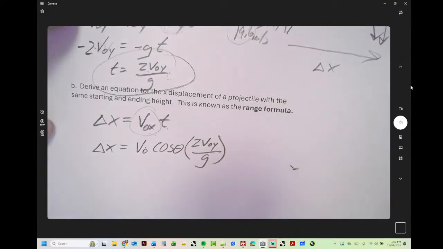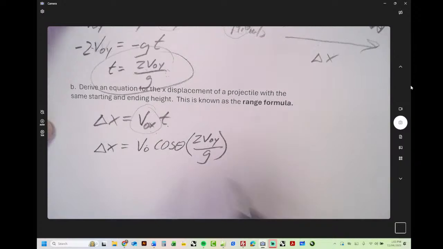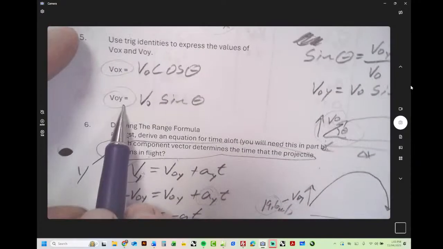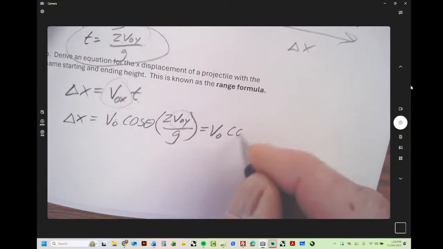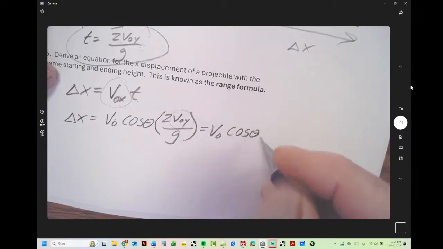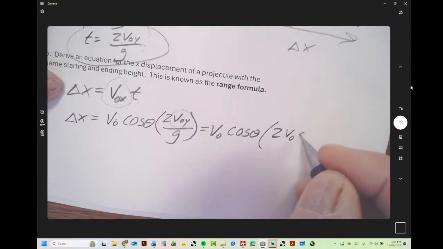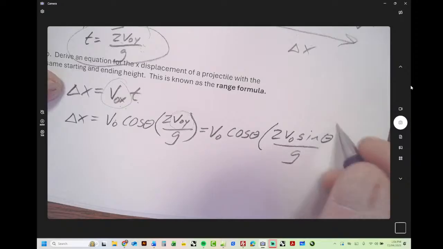Somebody's going to get to be the star of the math show here soon. Now, v0y, we have another expression for that. v0y is v0 sine theta. So let me write v0 times cosine theta times 2 v0 sine theta over g.